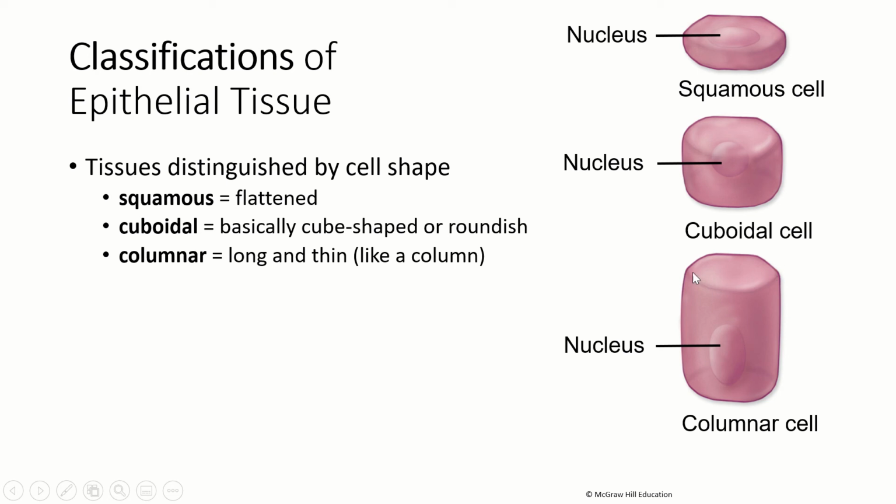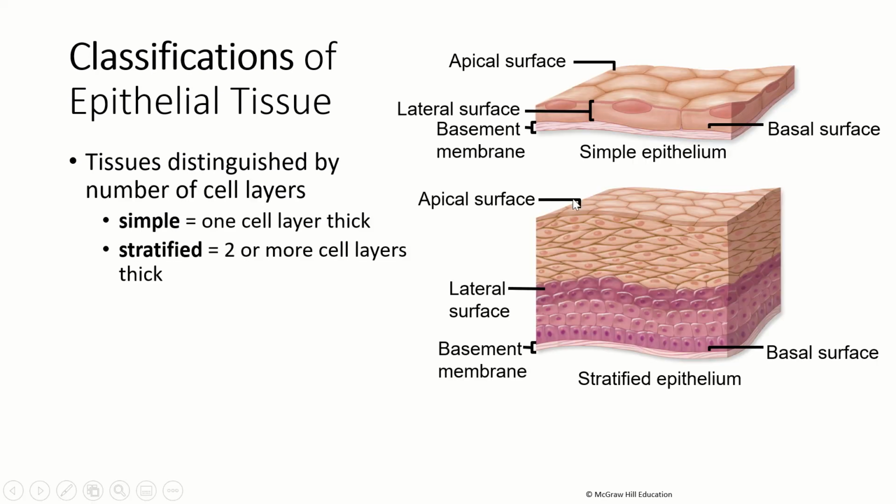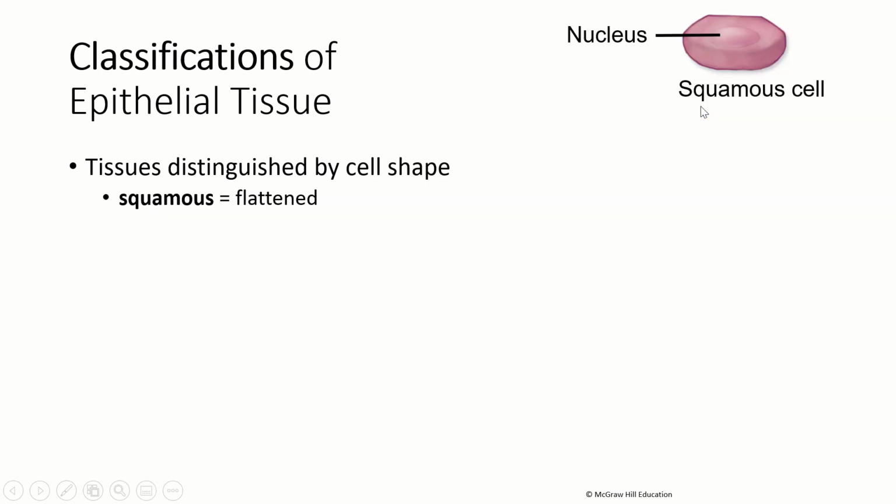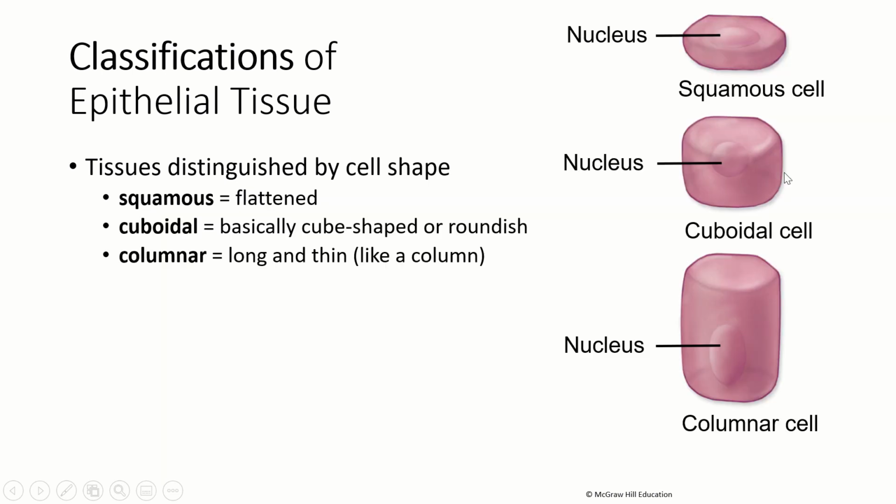See this one? The apical surface is smaller. The side is really long. Does that make sense? So this is a column. This is a squamous cell. Squamous actually comes from the word for fish scale. If you look at them from the top, this is kind of the shape of a fish scale. So there you go. We got squamous, cuboidal, and columnar cells.